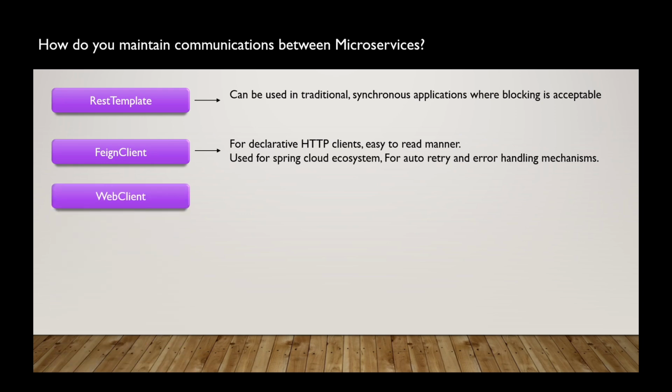And the third one is WebClient. WebClient is for asynchronous communication. For example, if you are using Spring Reactive, then you can go with WebClient, which provides an asynchronous, non-blocking way of communication, and it will not block any execution in between.